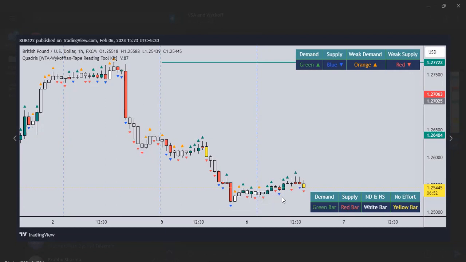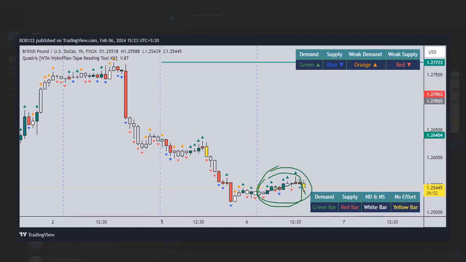These were the moments which took place after the fall of the last 2 days, and this was the tight range.